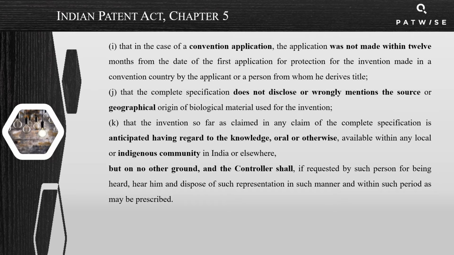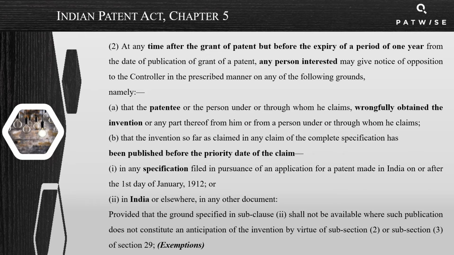So an opposition can be made on all the grounds that have now been disclosed under section 25(1), which is basically a pre-grant opposition. Now section 25(2), which talks about post-grant opposition, like I said before, has to be filed within 1 year from the date of grant of the patent, and it has to be filed by any person interested.